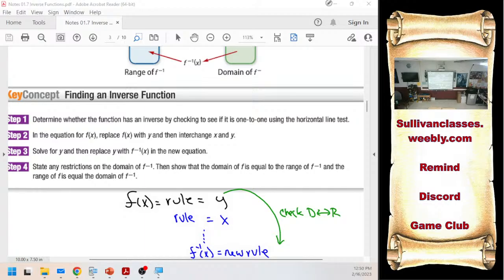When I swap x and y to make my inverse, I better double check my domain and range at the end. The specific example that messes with us is quadratics to square roots. Remember that with square roots, we only have half of the graph, we don't do plus or minus. That means when I make the parabola, since square root only looks like this, I'll only have half of the parabola.